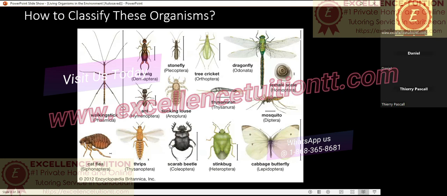Right. So how to classify these organisms? Based on the picture you're seeing here, what characteristics some of these organisms carry that you could use to separate them?